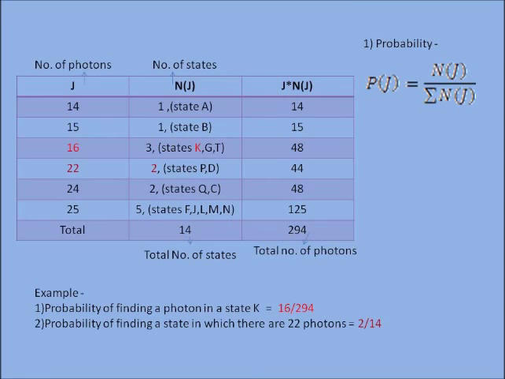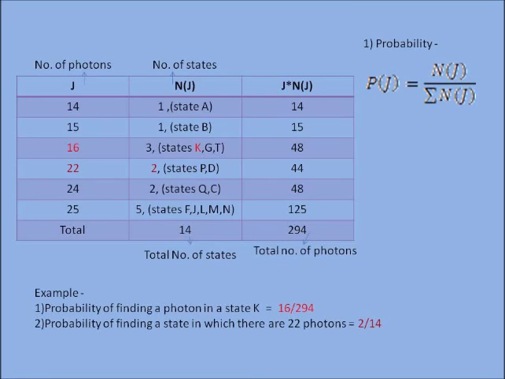So first example is we have to find the probability of finding a photon in K state. From the table, it is clear that there are 16 photons in K state and there are total 294 photons. So the probability is 16 over 294.